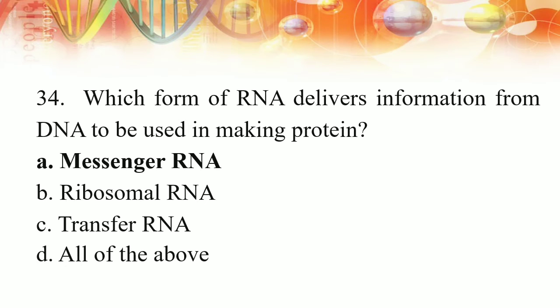Ribosomal RNA serves as structural components of protein-making structures known as ribosomes. Messenger RNA delivers information by serving as temporary copies of the information found in DNA to be used in making proteins. Thus, the answer is messenger RNA.